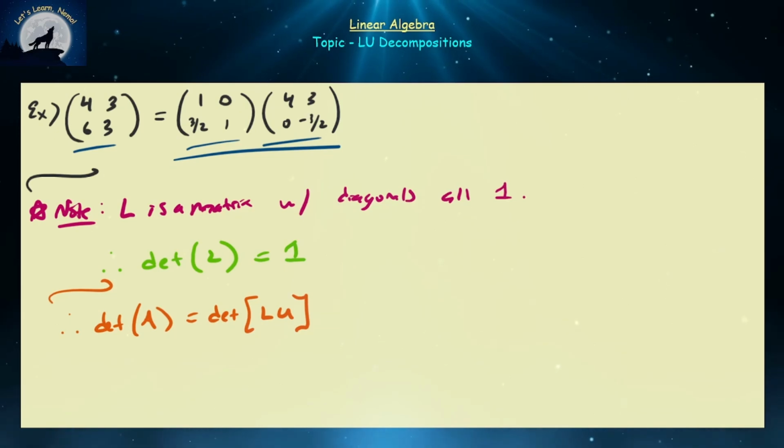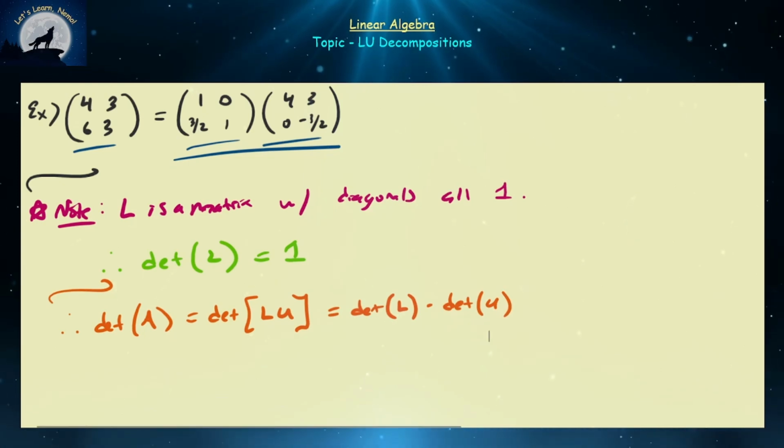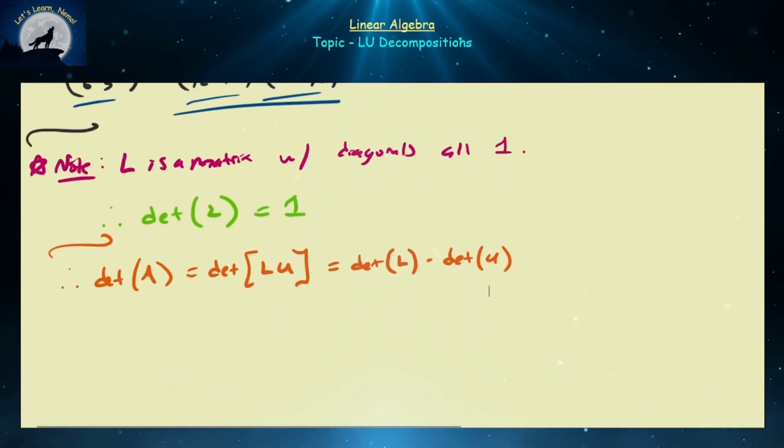And remember, the determinant of the product is equal to the product of the associated determinants, so the determinant of L times the determinant of U. But the determinant of L is just equal to 1 always, even for 3 by 3 or 4 by 4 or 10 by 10.